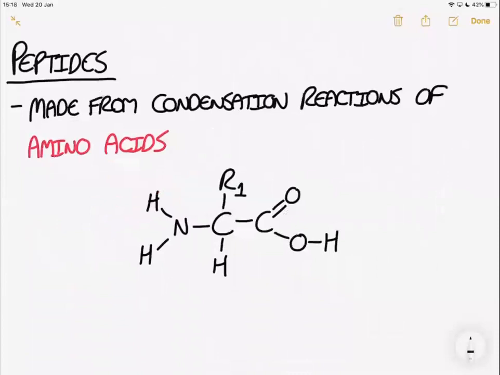So just to comment on the biomolecules that we call peptides or, eventually polypeptides. These are a special kind of amide, and they're special because they're made from condensation reactions of amino acids. But the thing that's particularly special about amino acids is that they can self-polymerize. What I mean by that is, normally, when you're looking at an amide, you have to react two different kinds of molecules together.